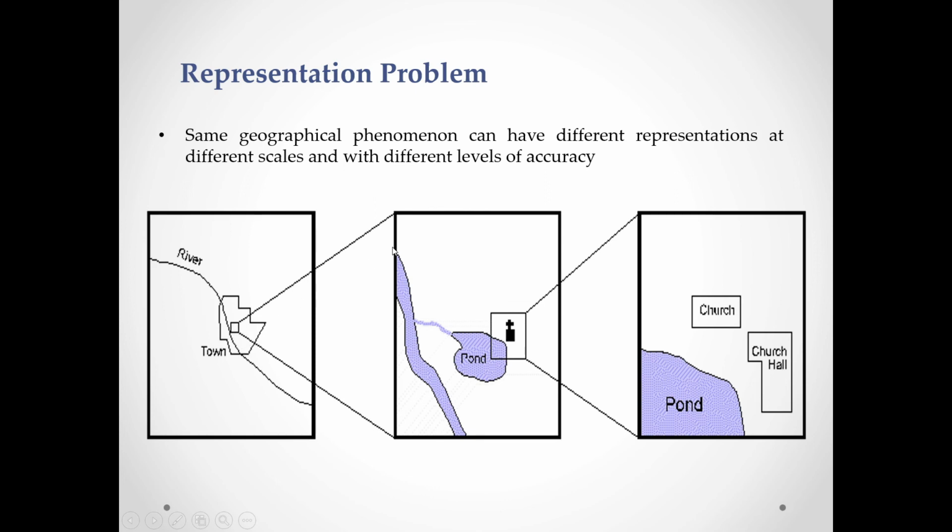And after zooming, we can see there is a river and the pond and one church, and then zooming the church, pond, and the church hall. So this is the thing: the same geographical phenomenon can have different representation at different scales and with different levels of accuracy.